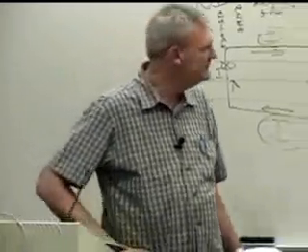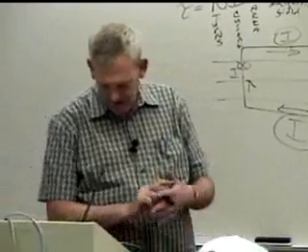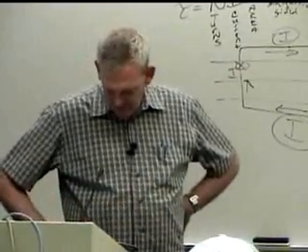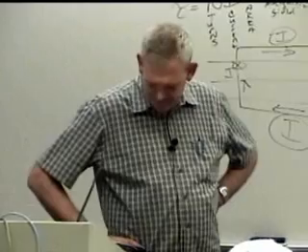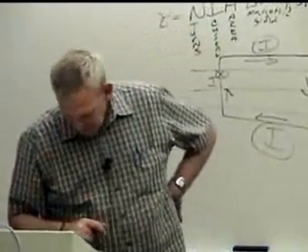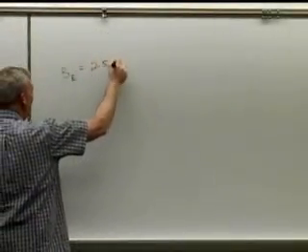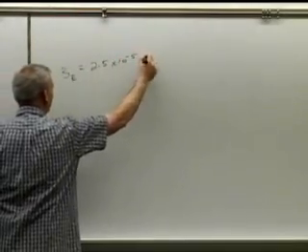Okay, here we go. Question number 1 says this. At a certain location, the horizontal component of the Earth's magnetic field, horizontal, what's that? Oh, that's going this way. The horizontal component of the Earth's magnetic field is BE equal to 2.5 times 10 to the negative 5th Teslas.